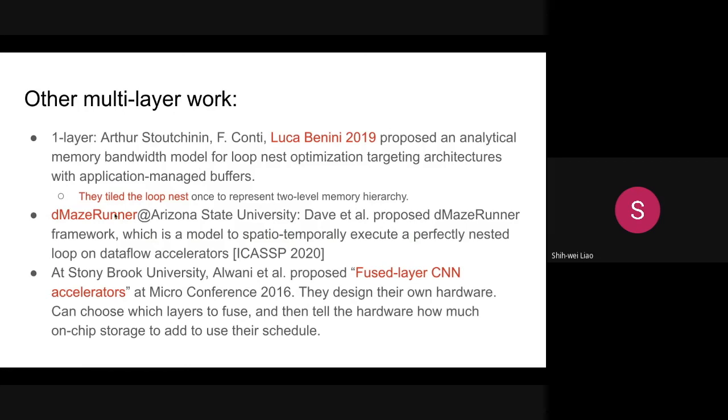Arizona State University proposed DMazeRunner in 2020, and they use this model to spatially and temporally execute a perfect nested loop on dataflow accelerators. At Stony Brook University 5 years ago, Professor Ferdman proposed this fused-layer CNN accelerator. They designed their own hardware, and they can choose which layers to fuse, and then tell the hardware how much on-chip storage to add to use their schedule.